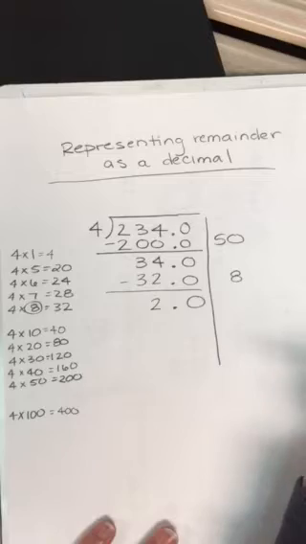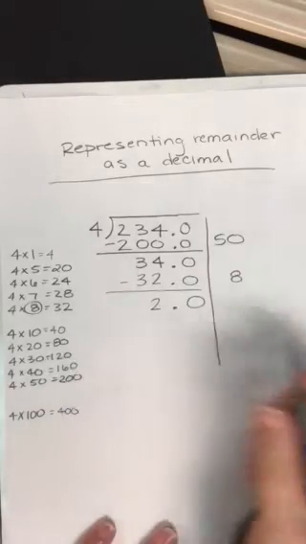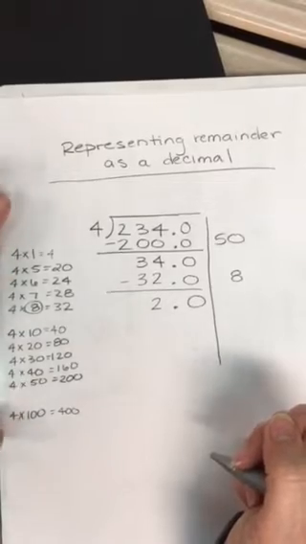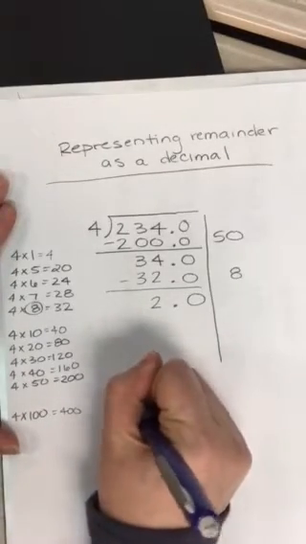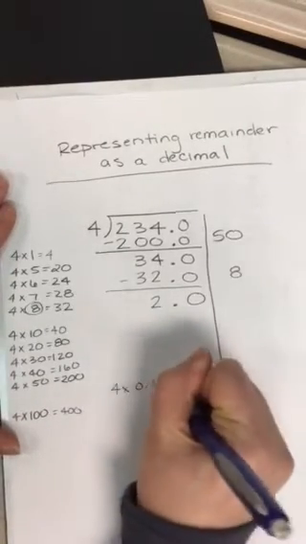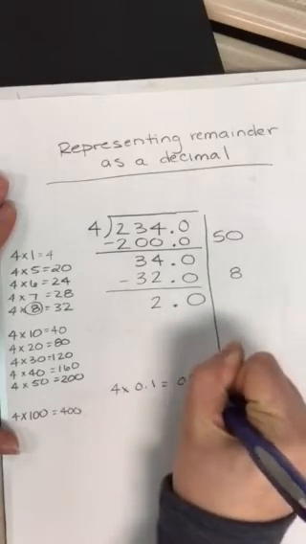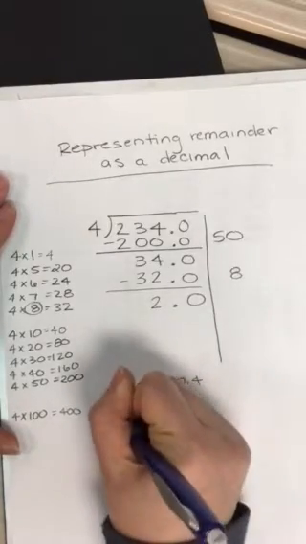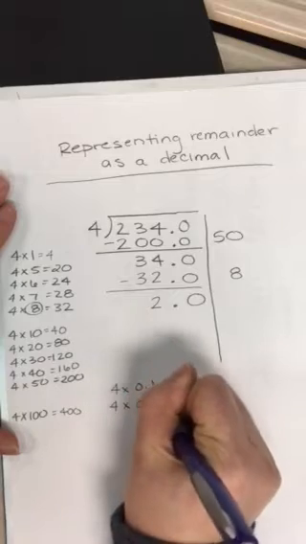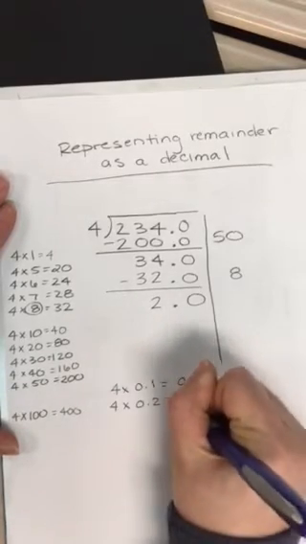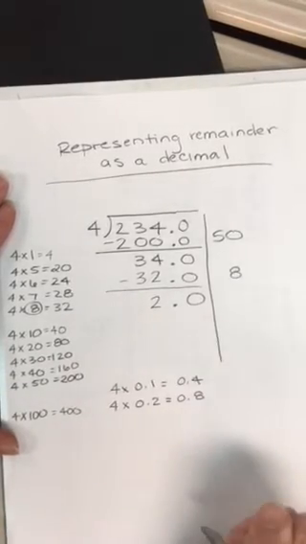So I can also go in another direction. So if I know 4 times 1 is 4, I know 4 times 0.1 equals 0.4. So 4 times 0.2 equals 0.8.